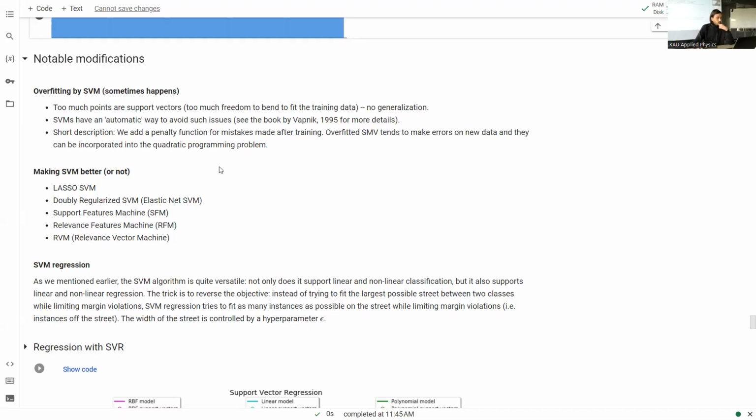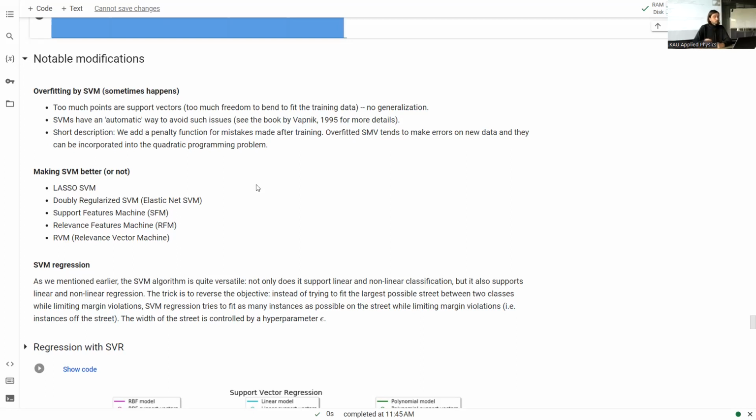There are modifications like LASSO SVM, doubly regularized SVM, which is SVM with elastic net, support feature machine SFM, relevance feature machine RFM, or RVM, relevance vector machine. They all are implemented to alleviate some problems, because in some cases too many points become support vectors, so there is too much freedom to bend to fit the training data, and we have a problem with generalization.